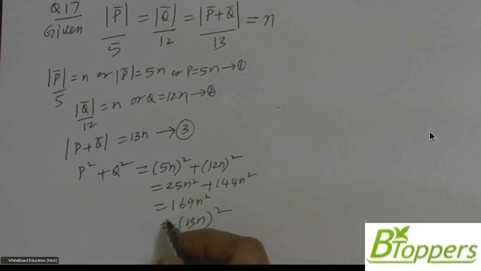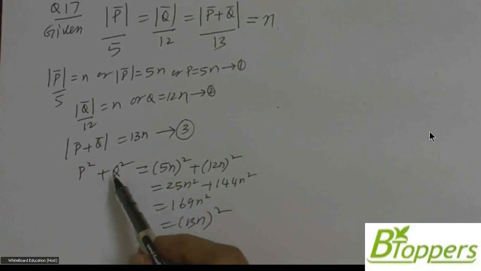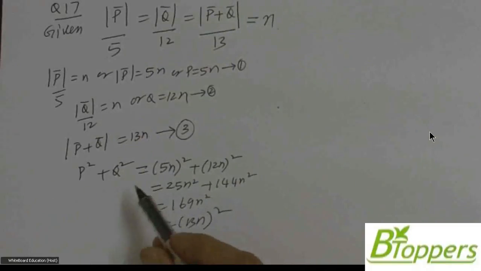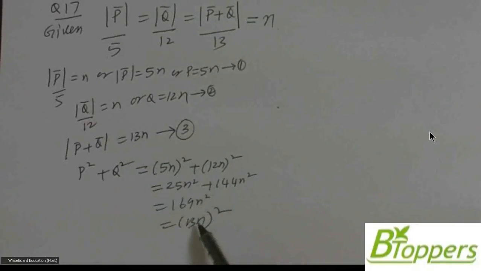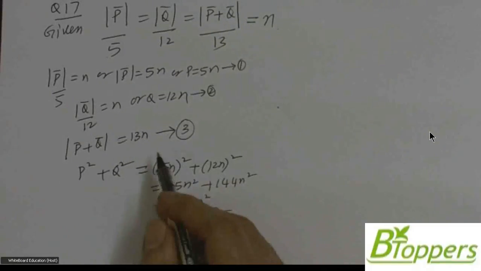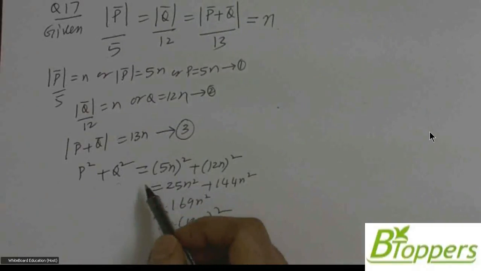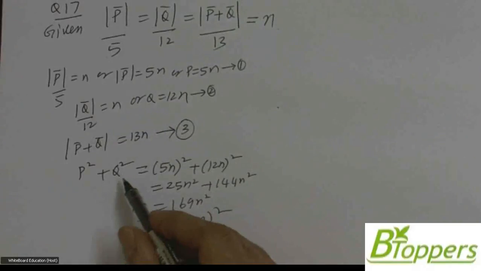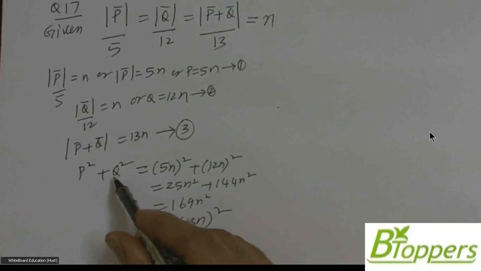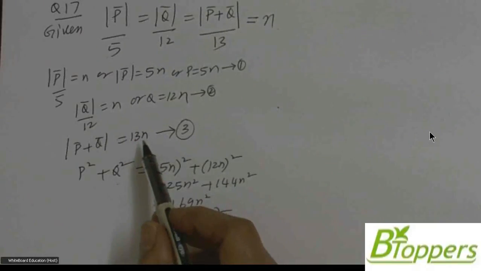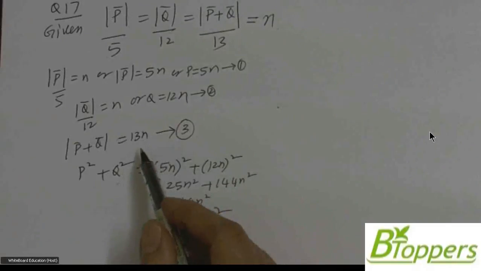You can observe that sum of the squares of the magnitudes of the two vectors p bar and q bar is equal to square of the magnitude of the resultant. That means the two vectors p bar and q bar can be represented by the smaller sides of the right angle triangle. The largest magnitude has to be represented by the hypotenuse side.